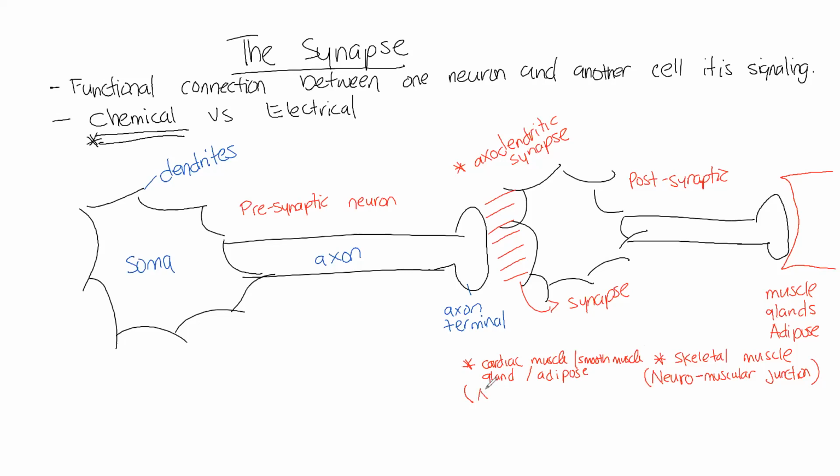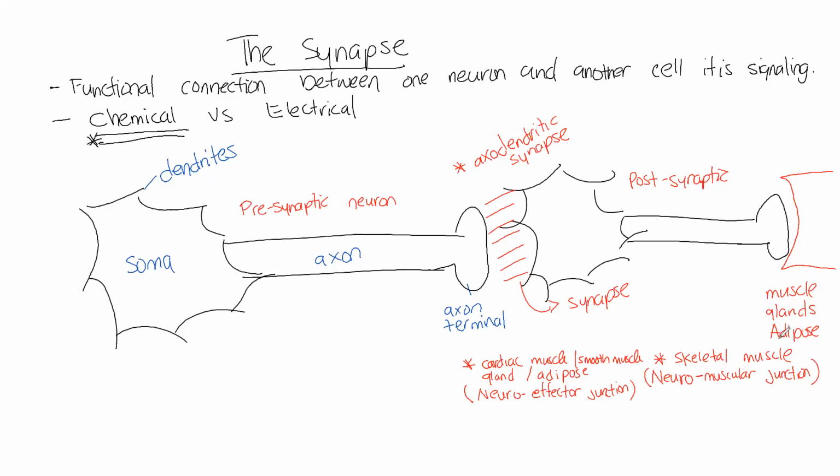It's called the neuroeffector junction, because these are considered effector cells. So the neuroeffector junction, okay? So these are the various options that we have for a different type of cell if it's not two neurons signaling each other.